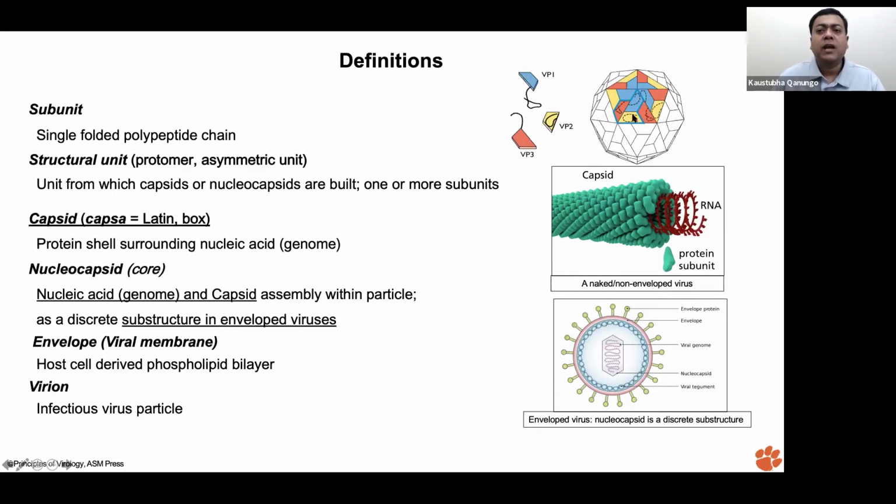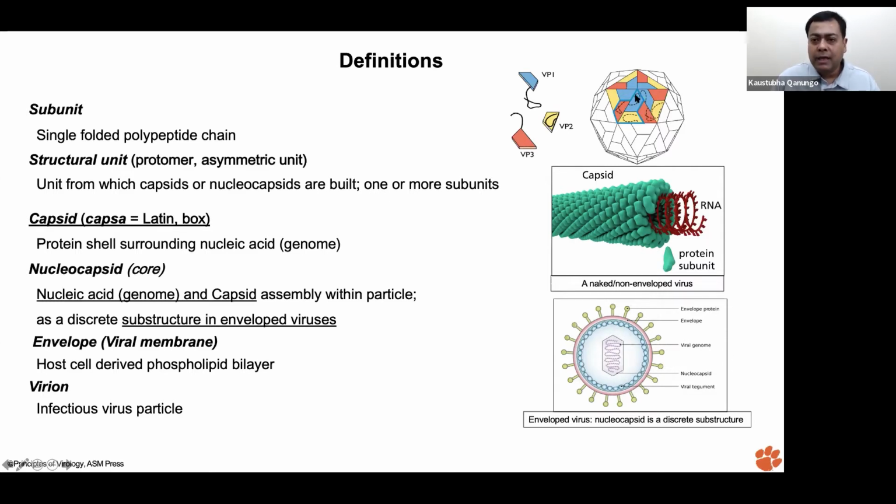So here is an example of a poliovirus. Here the capsid is made up of 3 proteins, VP1, 2, and 3, and each one of them is a polypeptide chain. So you have 3 subunits in here. The structural unit, which is also known as protomer or asymmetric unit, is the unit from which the capsids or nucleocapsids are built, and this could be 1 or more subunits.